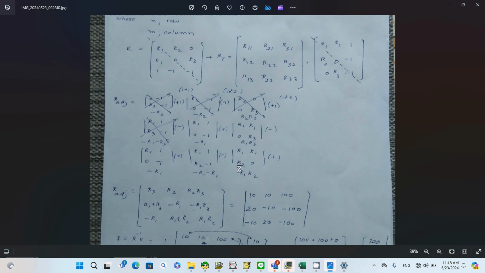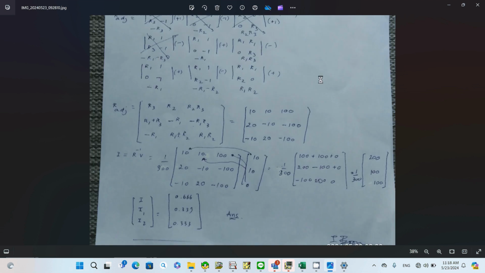Now this is a positive sign. I missed something here. It's supposed to be a negative sign. Sorry, I made you confused. And this one, the part becomes the negative sign, right? Negative R1 and R2. So this is actually 100, but I got it right because I have 0 right here. So 0 multiplied by anything gives you 0.